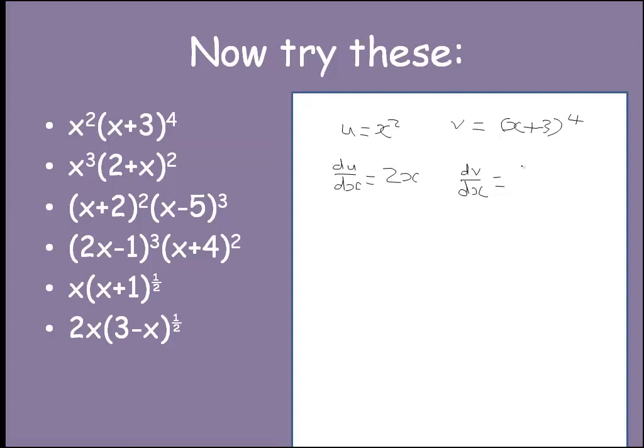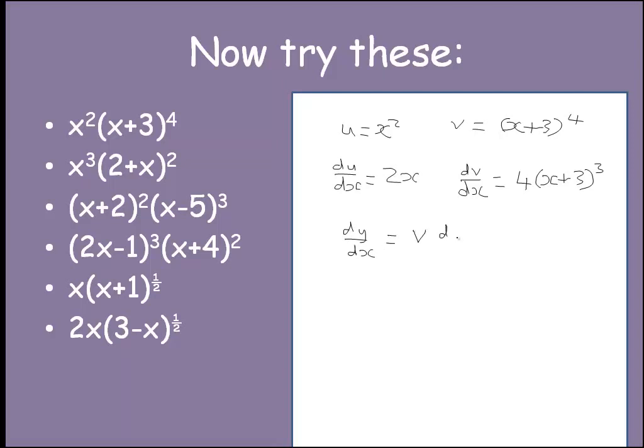This is the chain rule. Hopefully you can do this quickly because the derivative inside the bracket is just 1, isn't it? Because we're just differentiating x plus 3. So that gives us 4 times (x plus 3) cubed. If you're not sure about that, go over the chain rule, write it out fully, and hopefully you'll end up at that result.